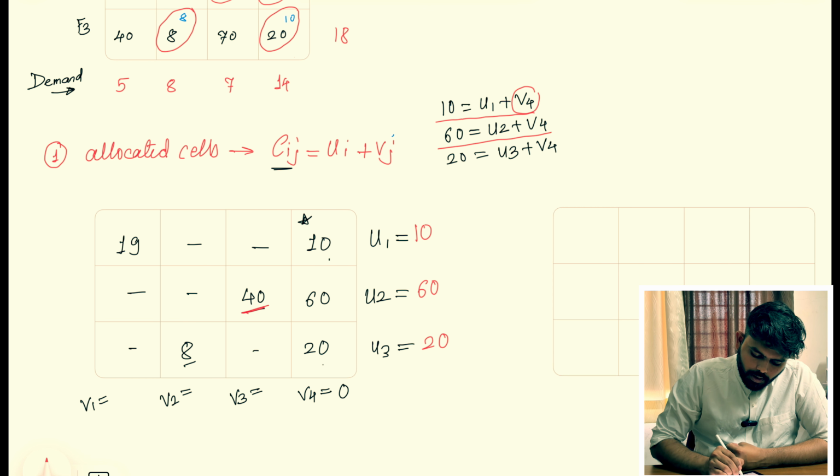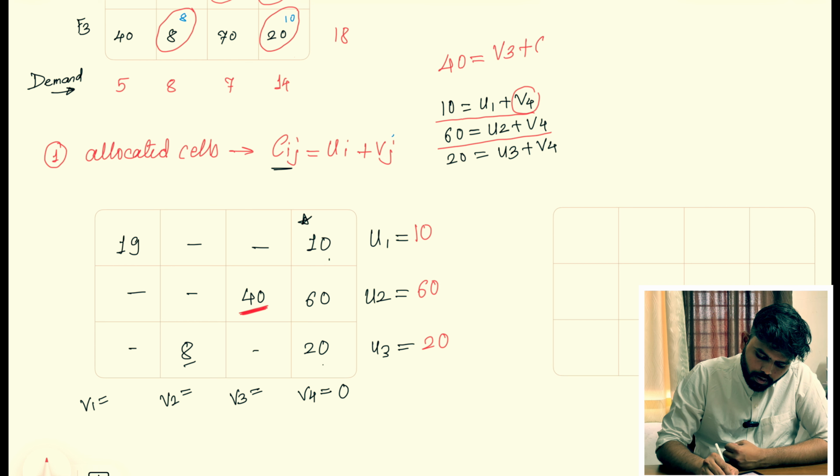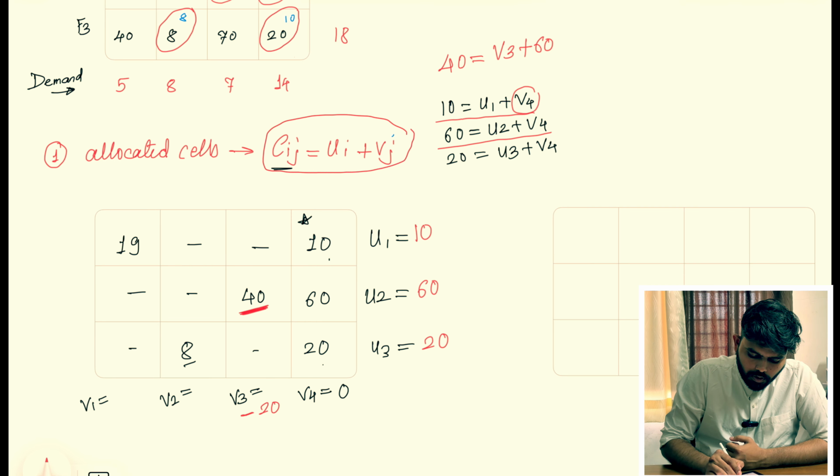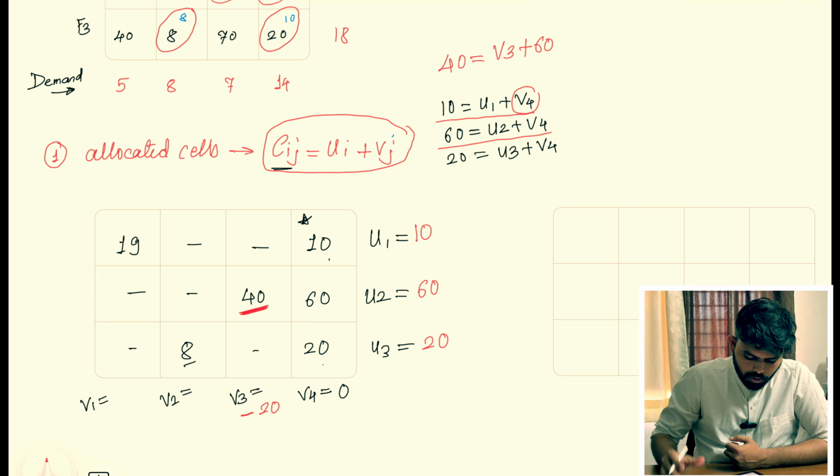Now for this cell value, we can write 40 is equal to U2 plus V3, that is V3 plus 60. So V3 will be minus 20. By using this standard formula, let us find the values of V1, V2, V3, V4, U1, U2, U3.